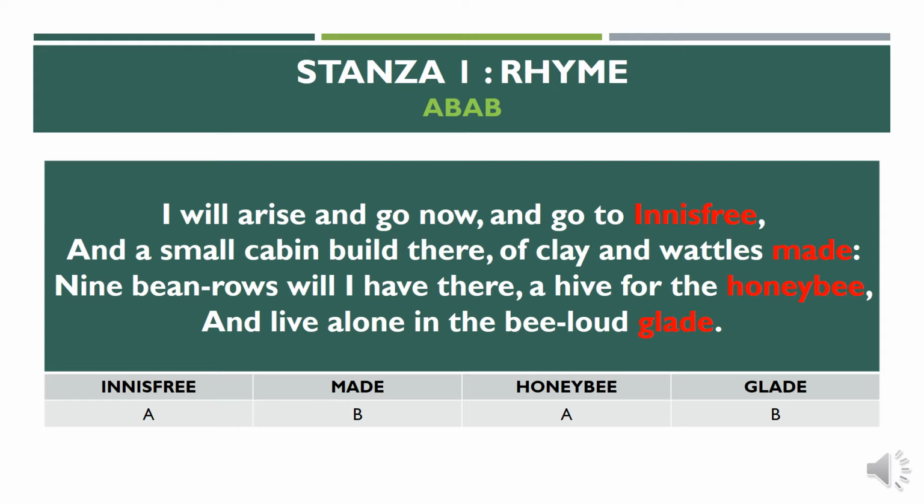So free and bee are rhyming, so it will be given the scheme A. In the second and fourth lines it is made and glade, which are rhyming, so it will be B. Innisfree, made, honey bee, glade: ABAB. So the rhyme scheme in the first stanza is ABAB.